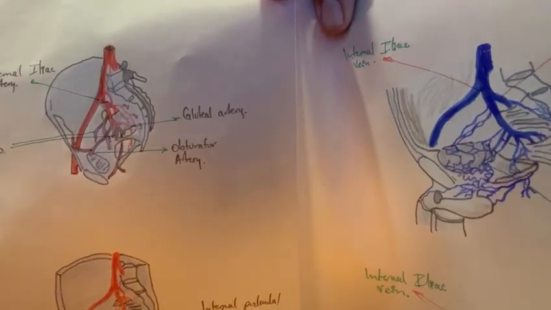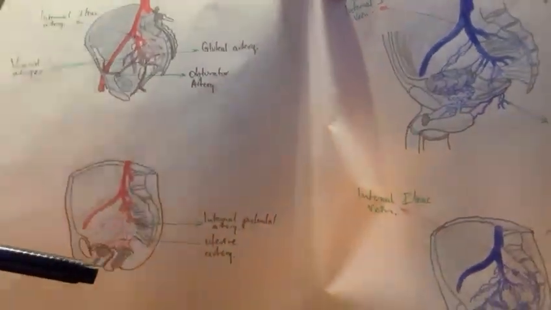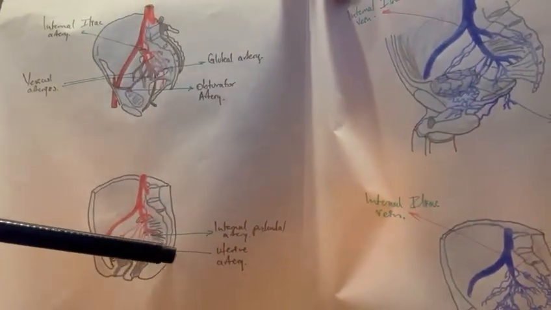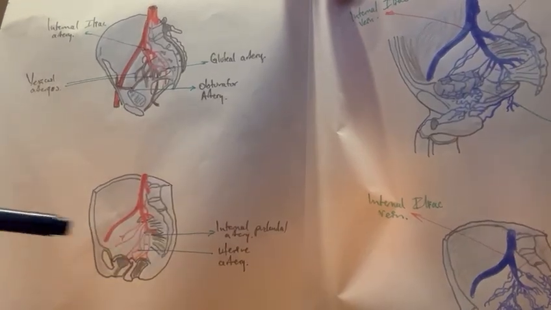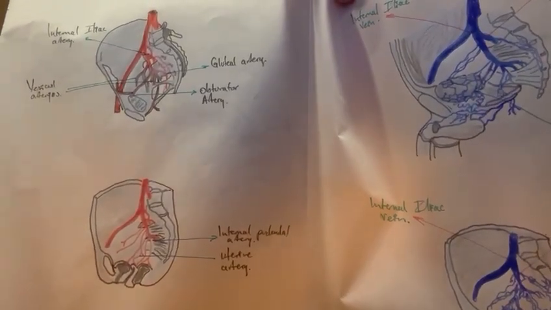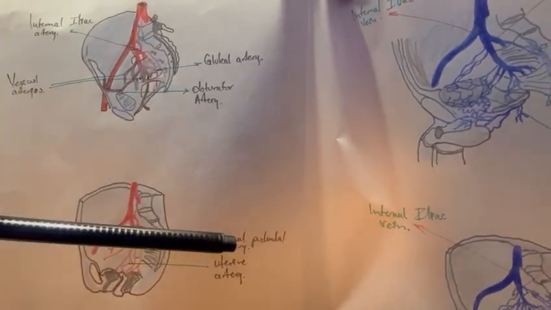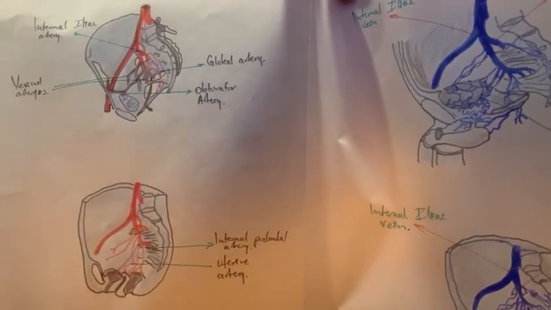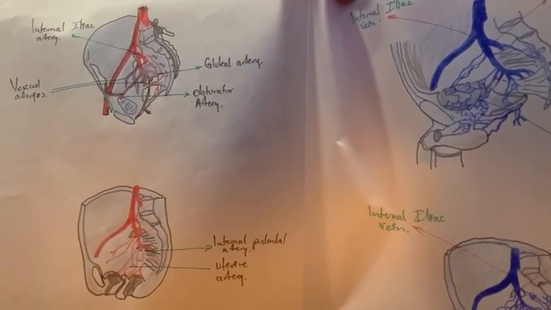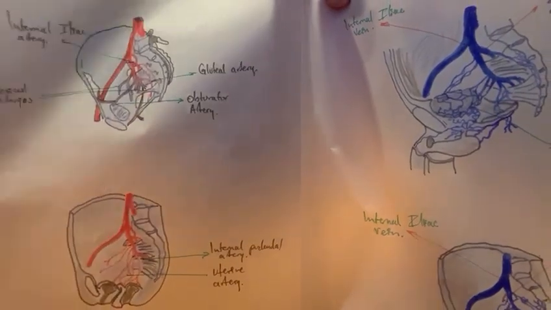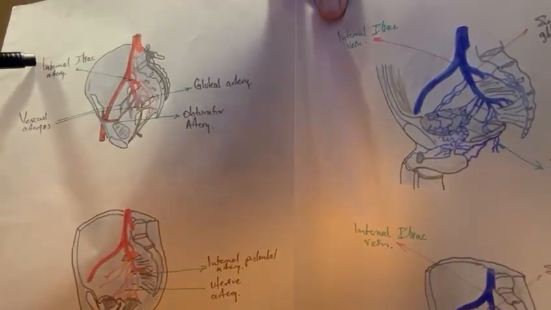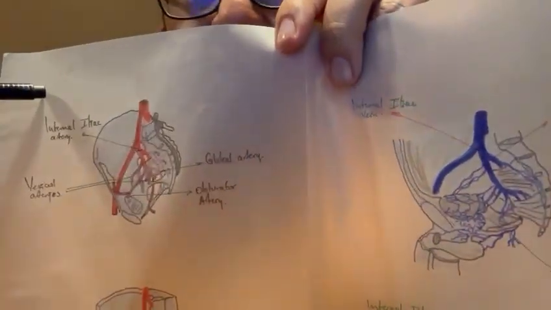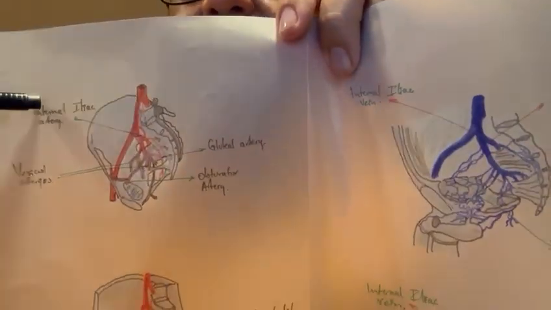In females, the uterine artery, and the internal pudendal artery, which exits through the greater sciatic foramen and re-enters through the lesser sciatic foramen, reaching the perineum and external genitalia.